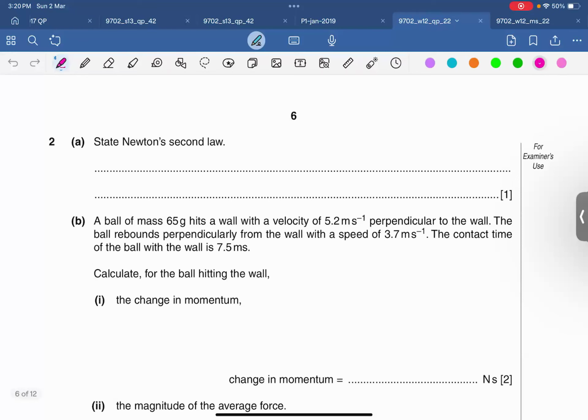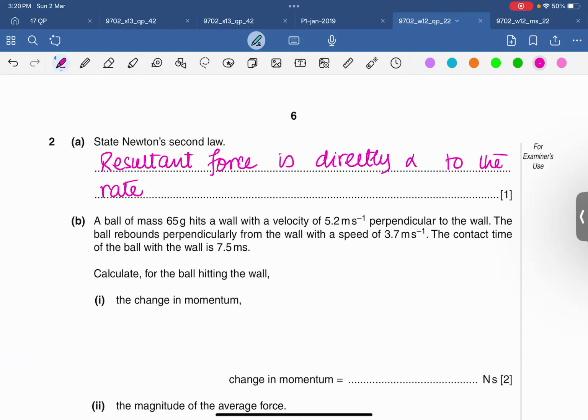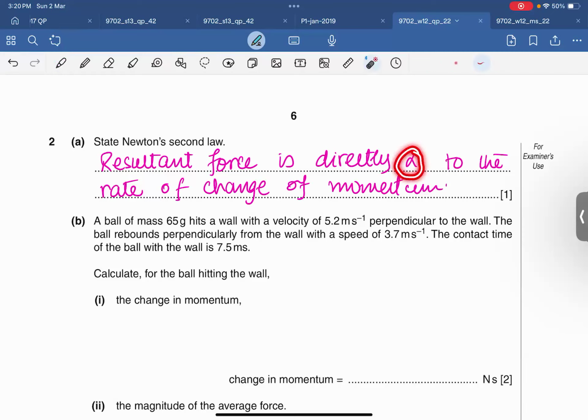Okay, very good. A better way is to say the resultant force is directly proportional to the rate of change of momentum. By the way, you are not allowed to use this kind of shorthand in the exam.